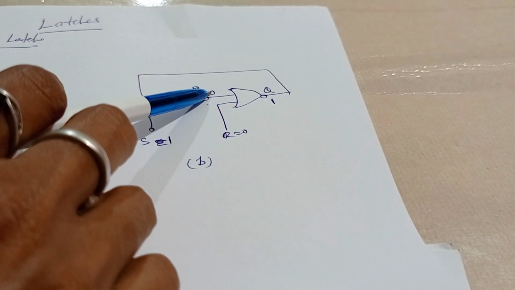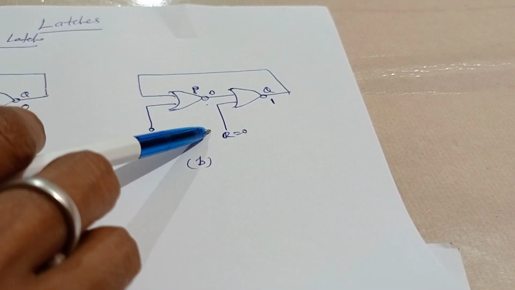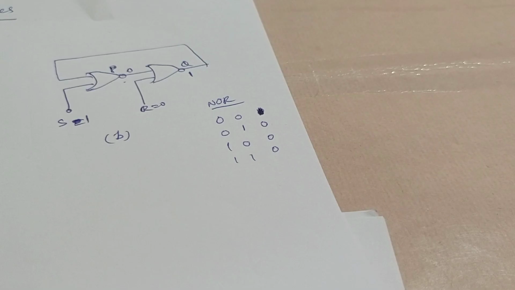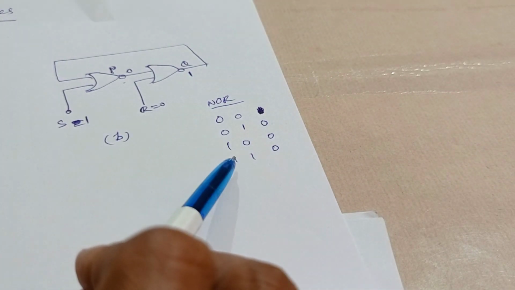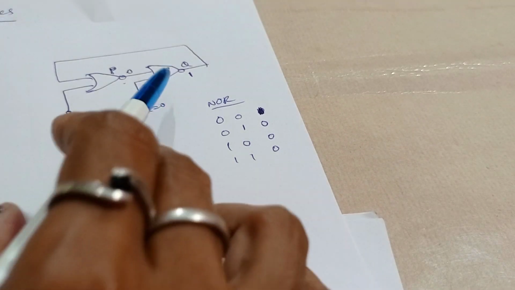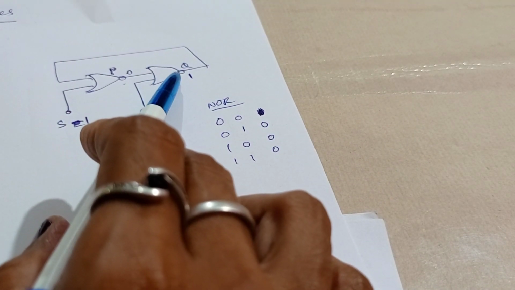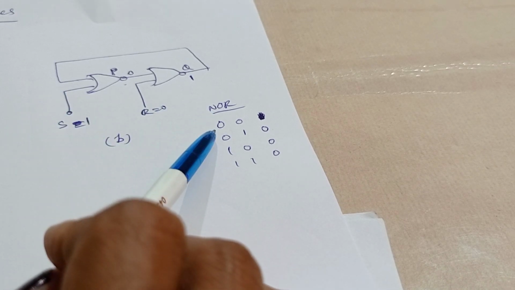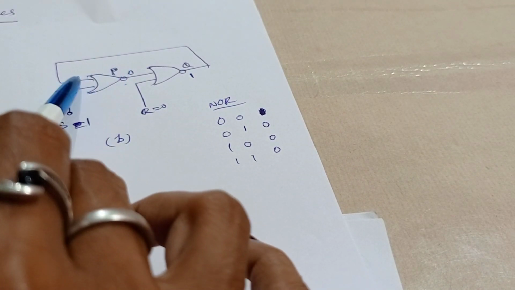See here, both the inputs are zeros. So by the NOR truth table we'll get output 0. Therefore Q will change to 1, leading to the stable state. By this, S is equal to 1 and Q is 1.